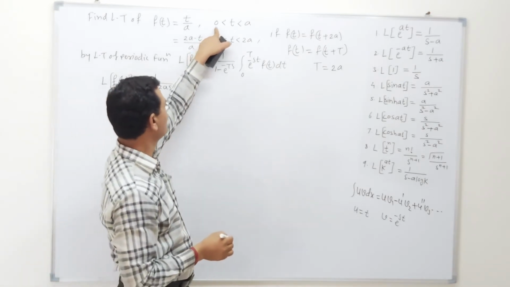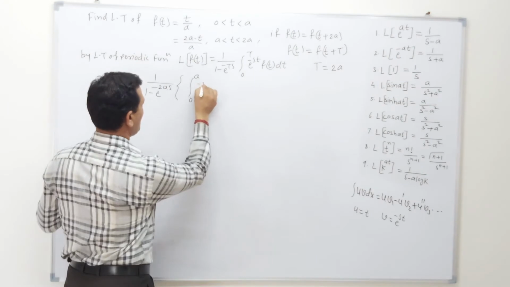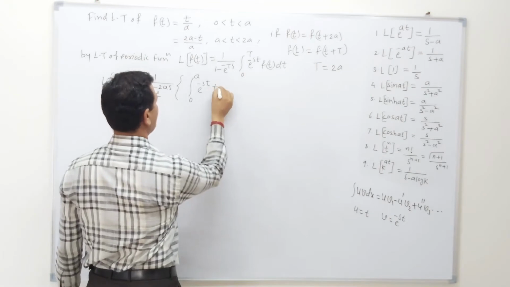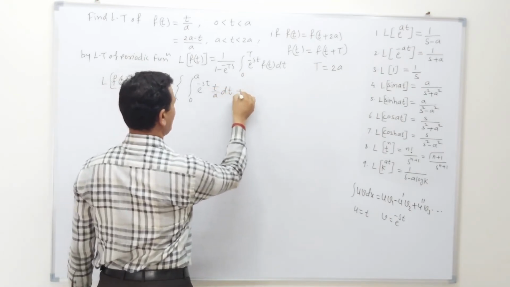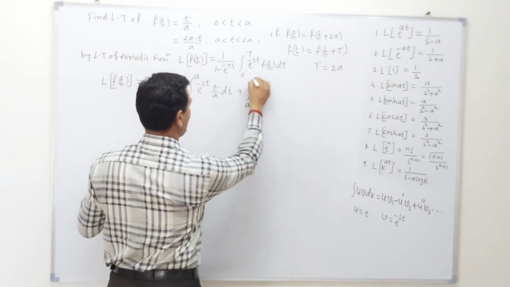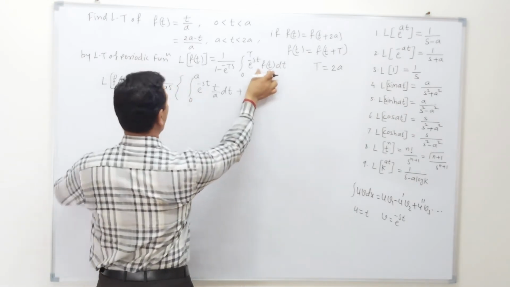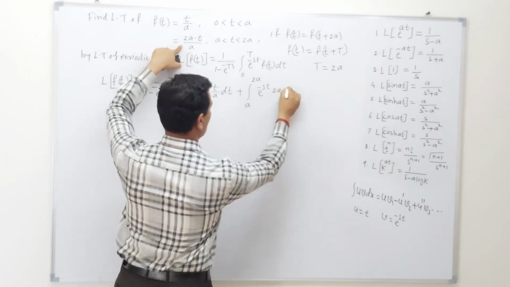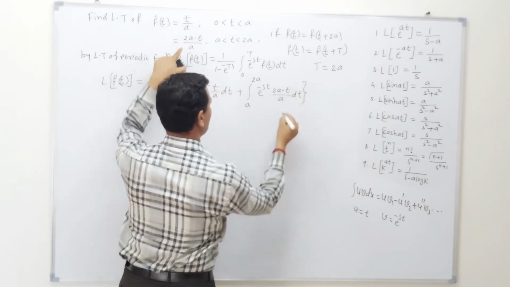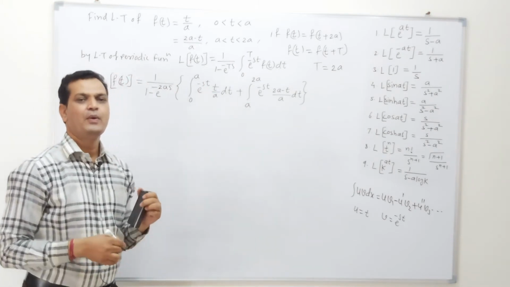So the first interval is 0 to a, we can write this as 0 to a, then e raised to minus st as it is, then the value of f of t is t by a into dt, plus the next interval is a to 2a, then e raised to minus st as it is, then the value of f of t is (2a minus t) divided by a into dt. So in this way we write this step according to the theorem for the Laplace transformation of periodic function.